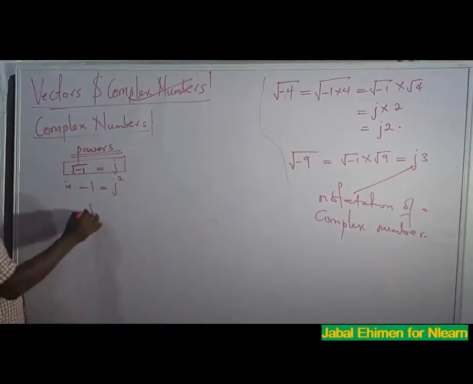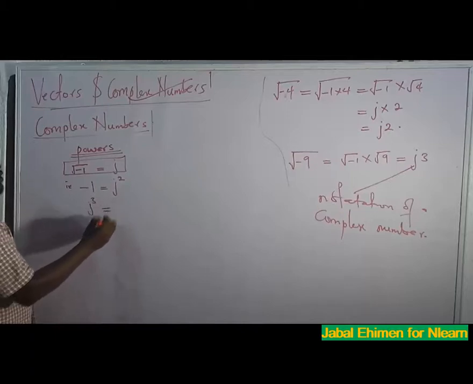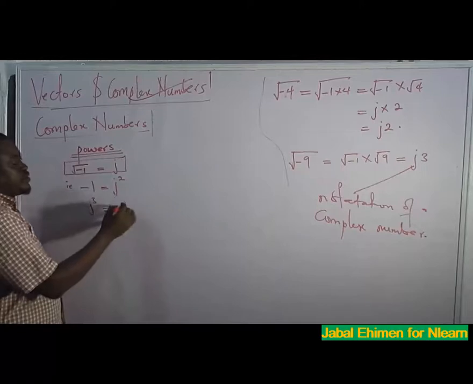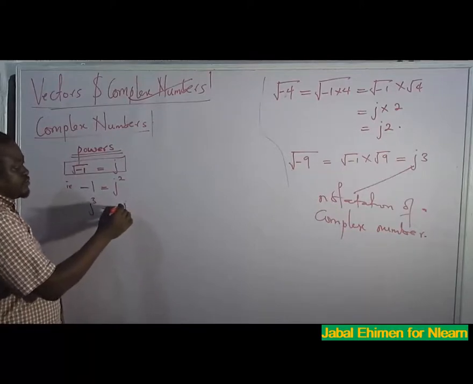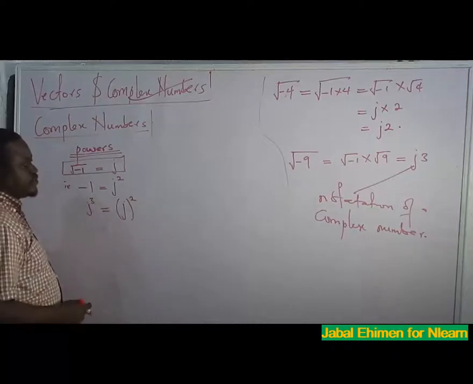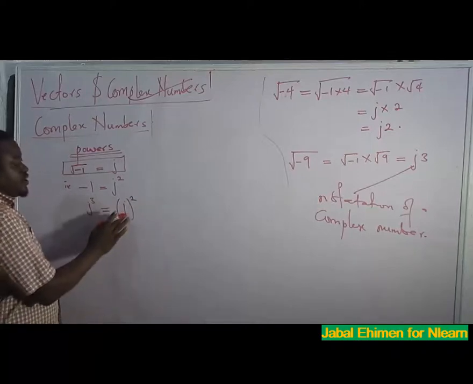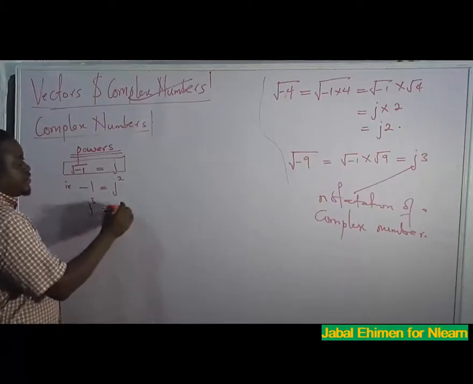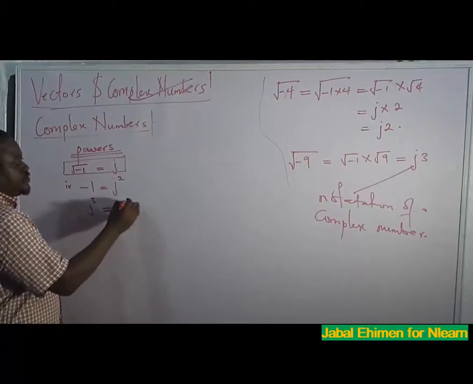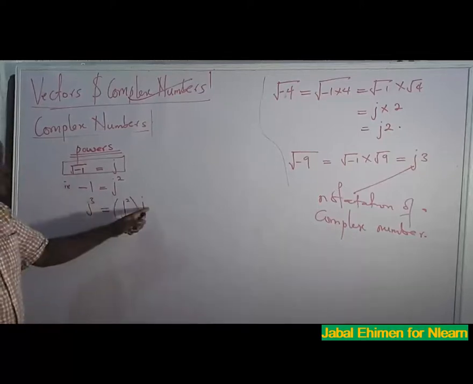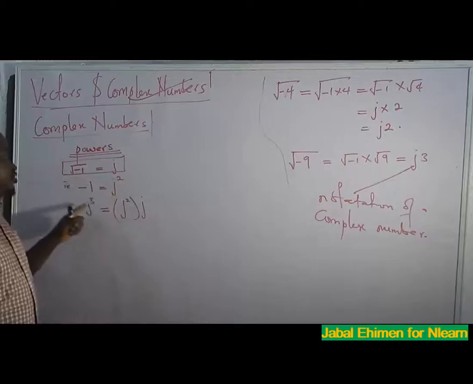So what about a situation where I find j cube? How do I analyze j cube? J cube can be j squared times j, because j squared times j is the same thing as j cube.